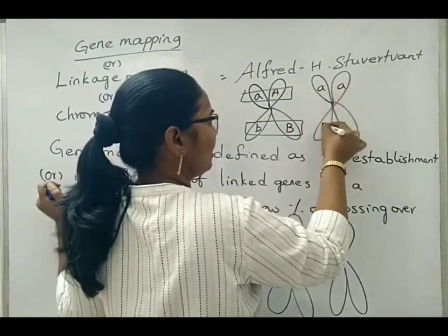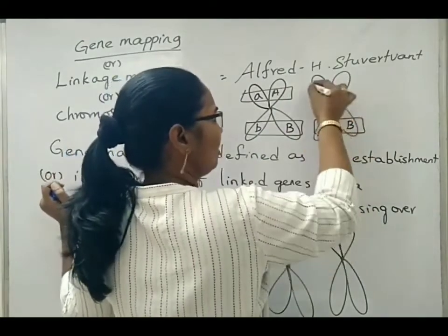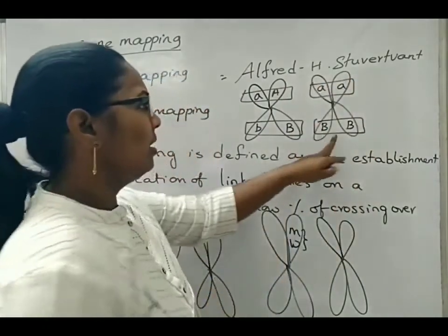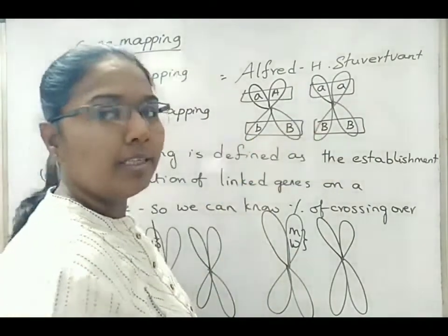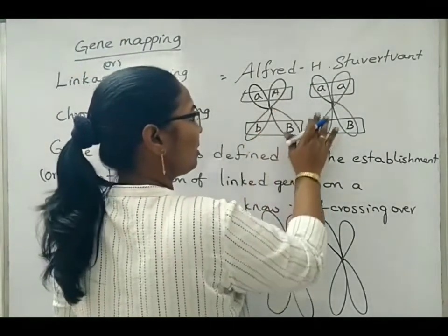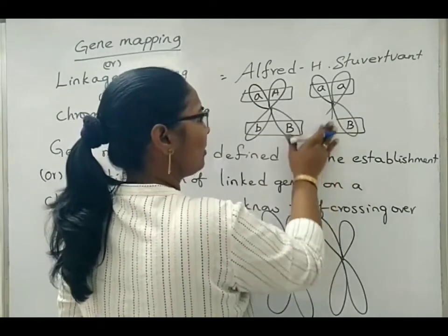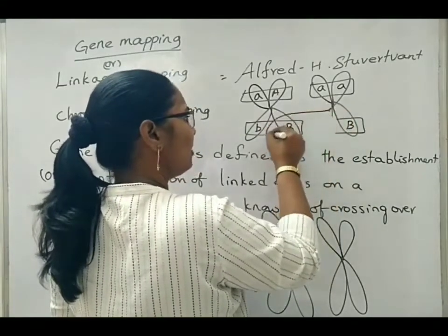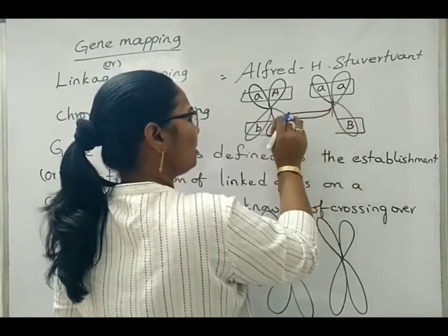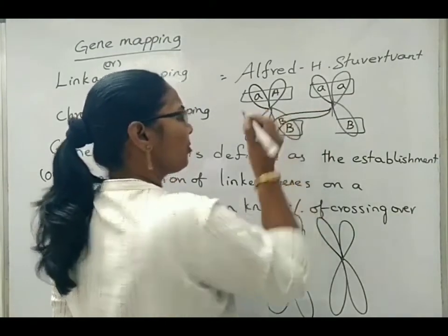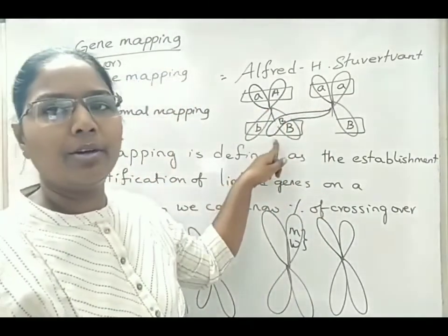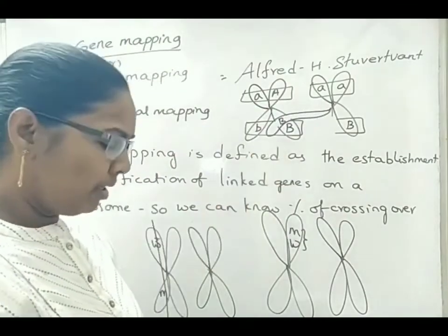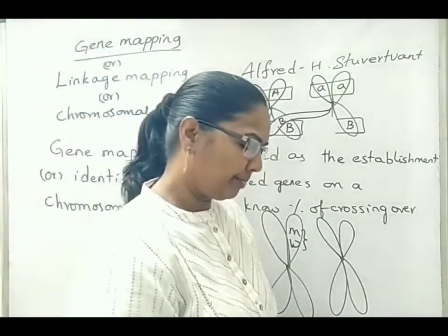Purely dominant one, purely recessive one here, dominant one here. These are present on different loci. Since there is more distance between the alleles, one arm or chromatid can cross with the homologous chromosome, and there is more chance of crossing over, so that we can obtain more recombinants.